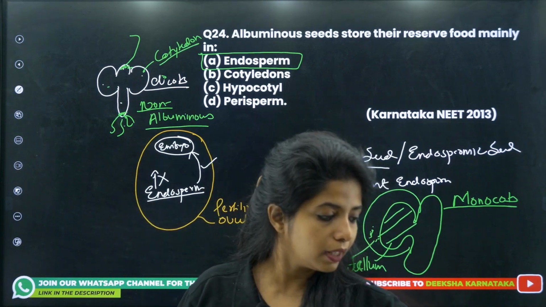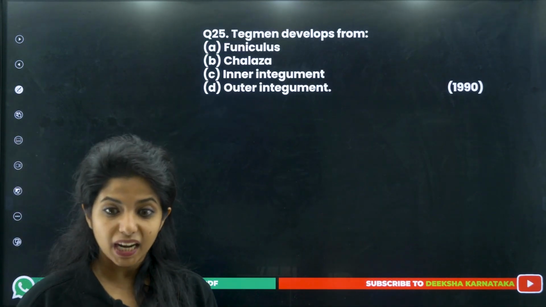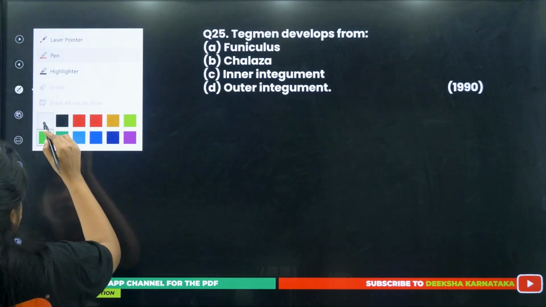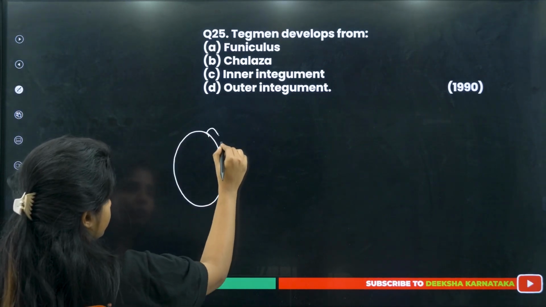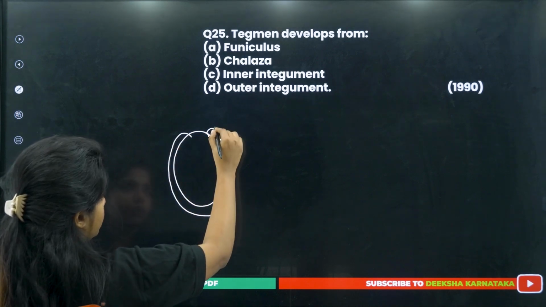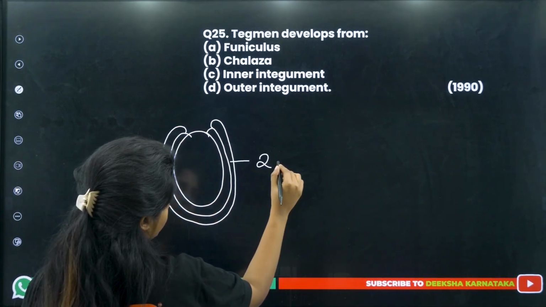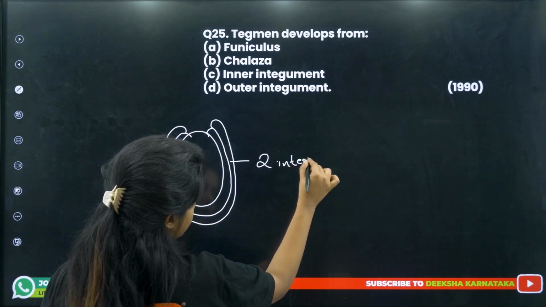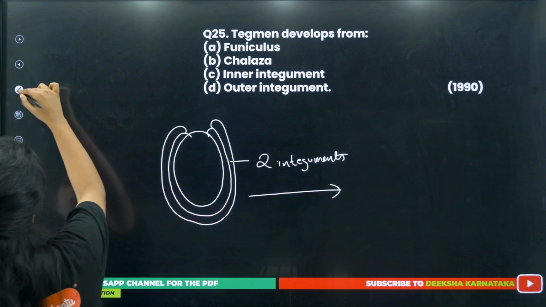Okay. Now the next question that we have is, tegmen develops from, what is tegmen? So the ovule, initially, before fertilization and everything happened, had 2 integuments. But now, after fertilization, the ovule has changed.